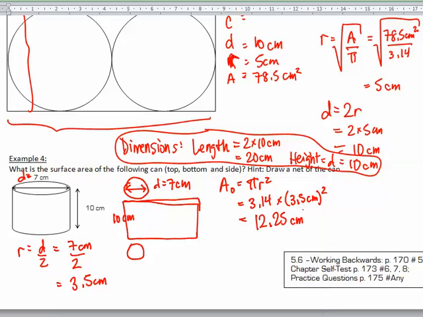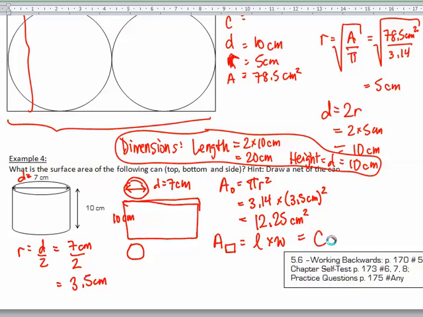And so the area of this side panel is equal to length times width. The width we know is 10 centimeters. It's this length that's tricky, but as you can see, it's the distance all the way around the can. Well, that's the circumference. So the length of this is actually the circumference.